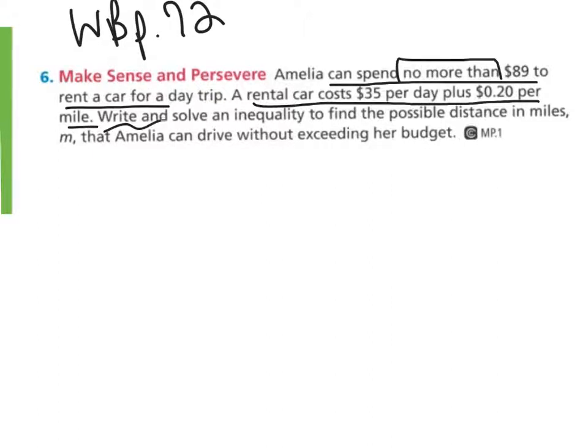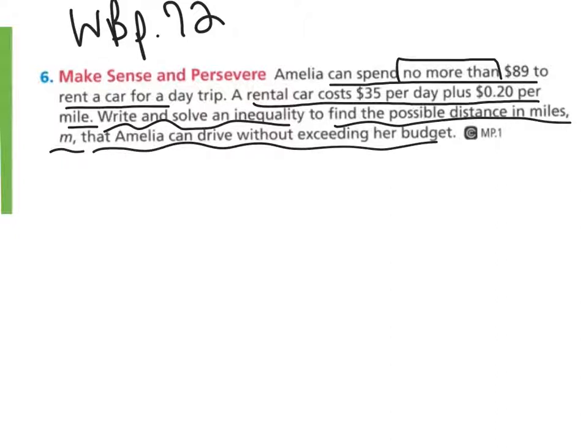Write and solve an inequality to find the possible distance in miles m Amelia can drive without exceeding her budget. So they already defined the variable for us. M is the number of miles she can go without exceeding her budget. So we're going to set up an inequality here.